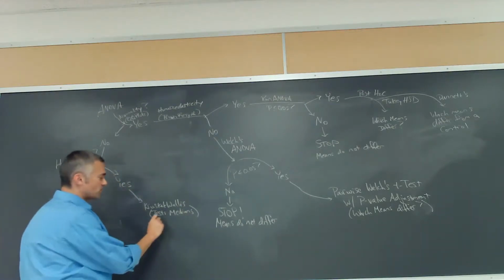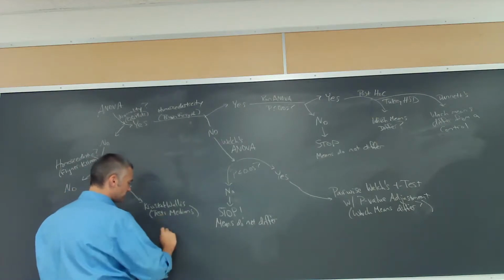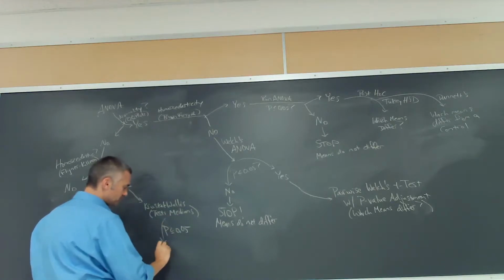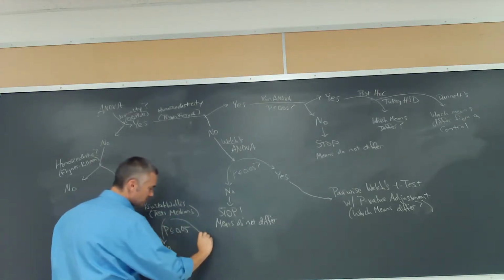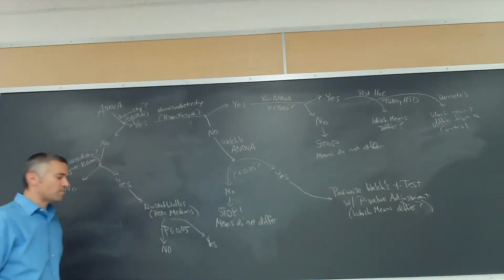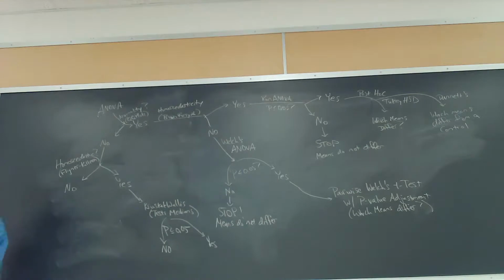Alright, so if we run Kruskal-Wallis, we get a p-value that's greater than 0.05 or a p-value that's less than 0.05.